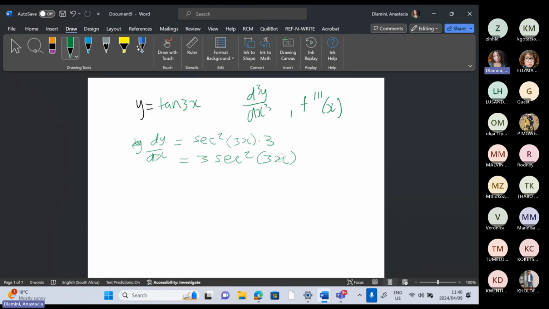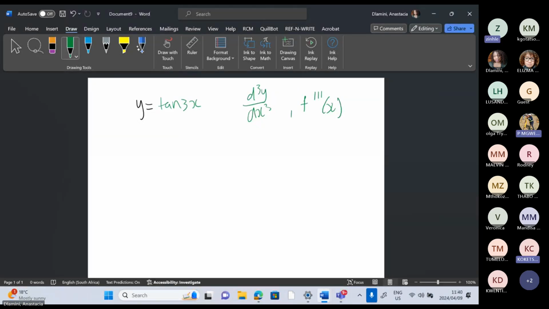Now let's go back to page 2 of the study guide. Are we there on page 2, guys? Where it says standard differentiation coefficients, the ones we learned last week.